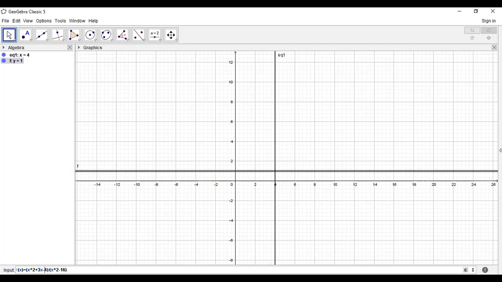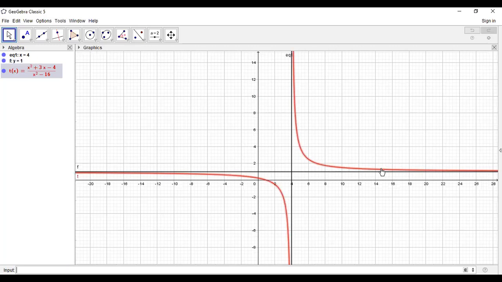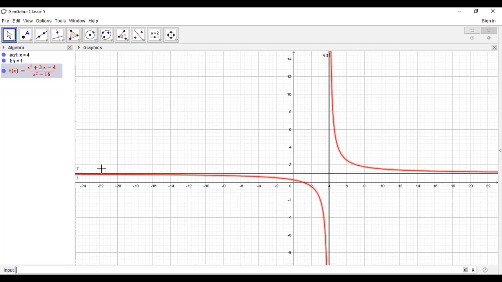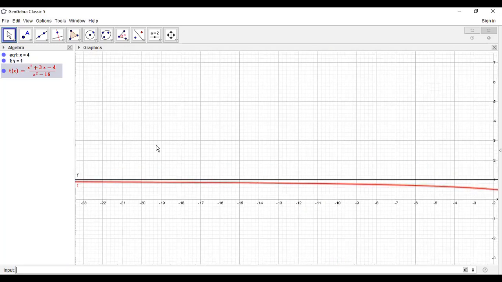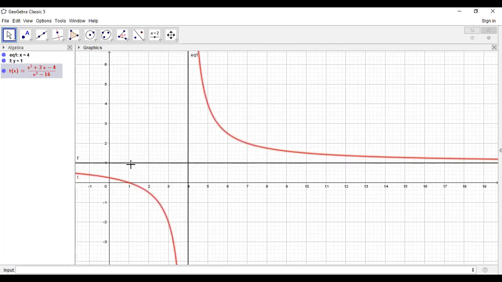Minus 4 pala. So, we have t of x is equal to x squared plus 3x minus 4 all over x squared minus 16. O ganun din, asymptote din yung black dun sa red na graph. Mukha lang siyang nag-meet dito banda, pero pag zoom in mo, mukha lang siyang didikit. Pero hindi talaga dapat yan siya magdikit. So that is the purpose of our asymptote.